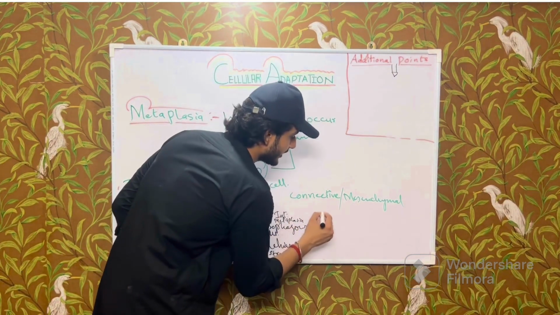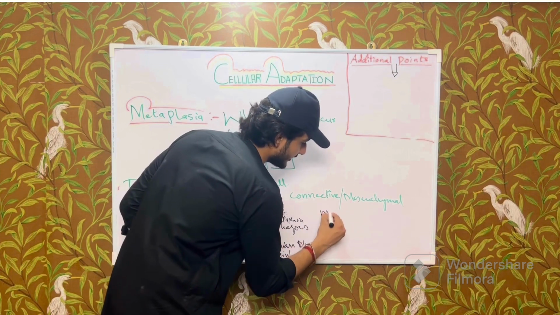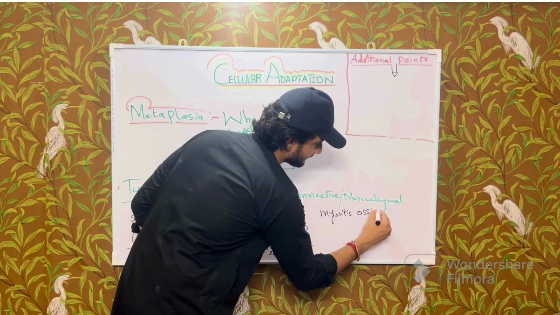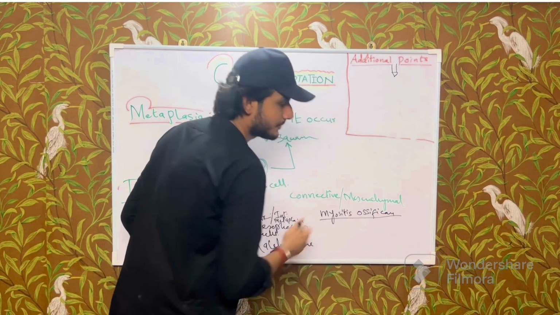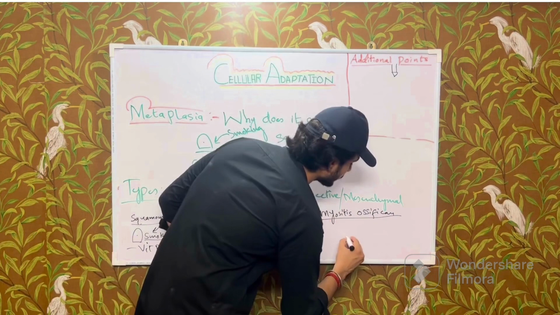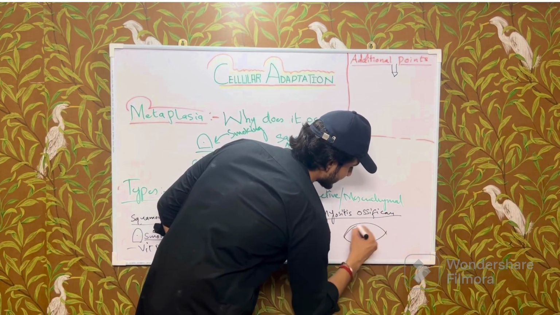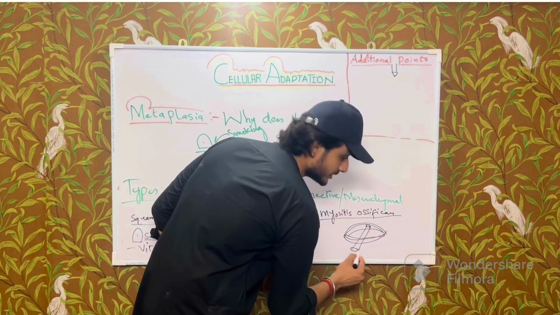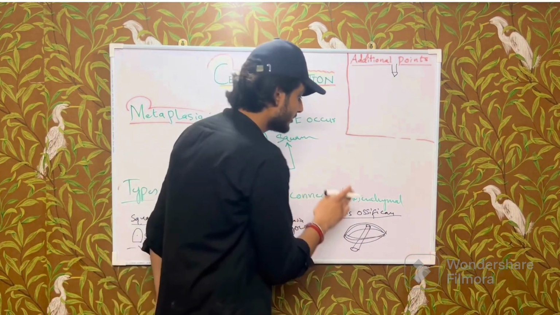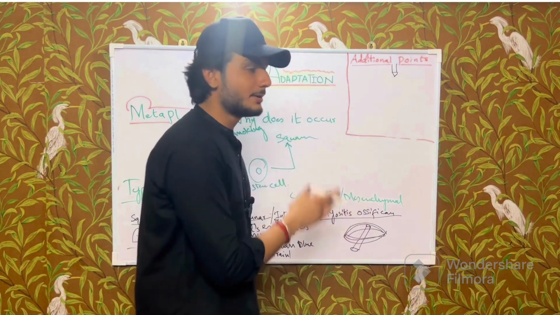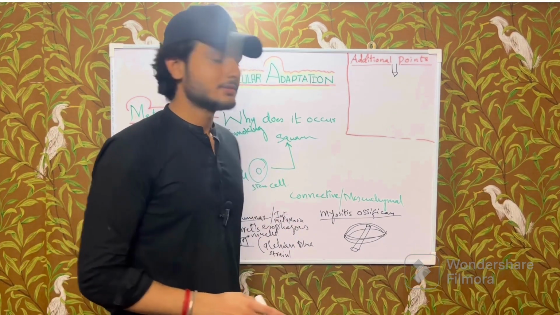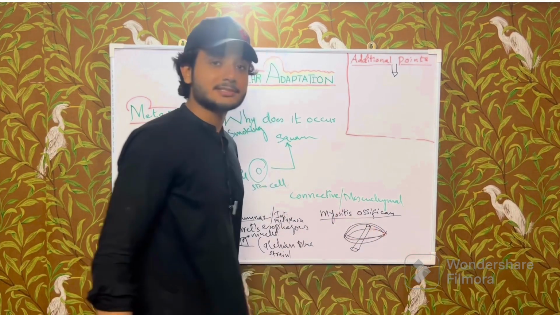Now let's talk about connective or mesenchymal metaplasia. The best example of connective metaplasia is myositis ossificans. Okay, so let's learn about it. We have normal muscle, which has its blood supply as well. Due to any injury, if the muscle blood vessels get ruptured and intramuscular hemorrhage occurs, the blood comes in contact with the normal muscle cells.